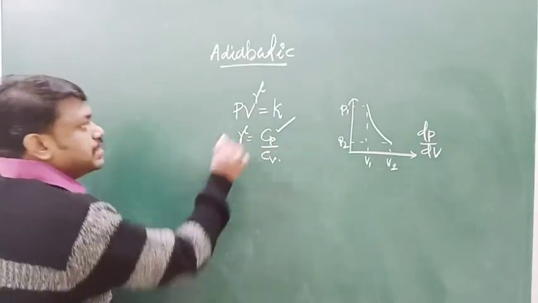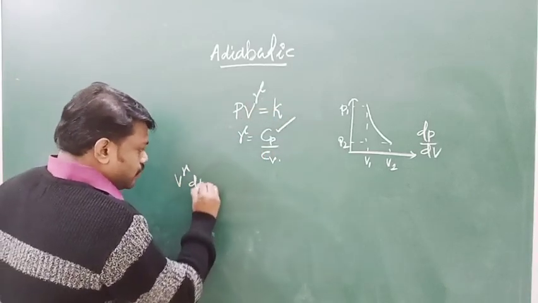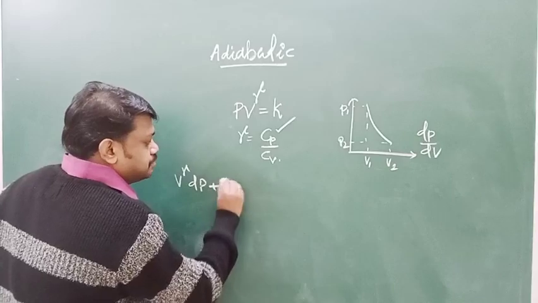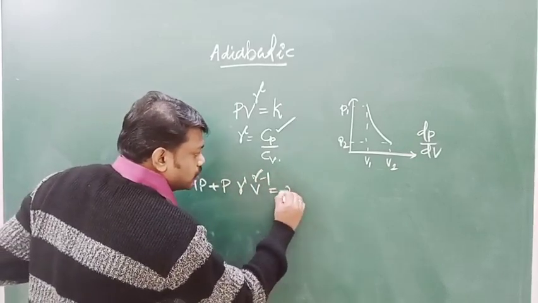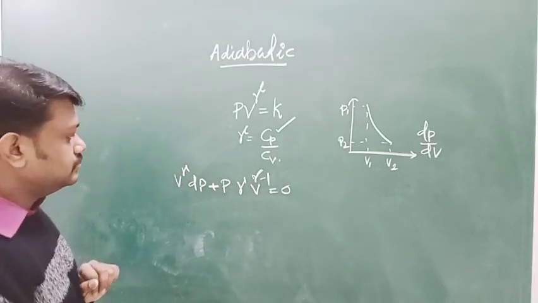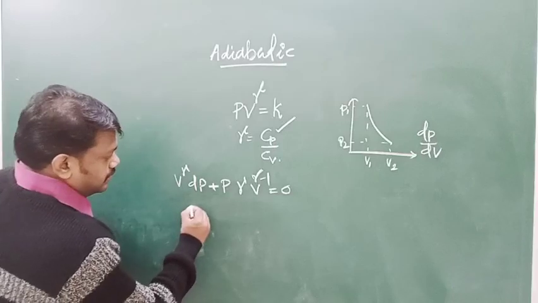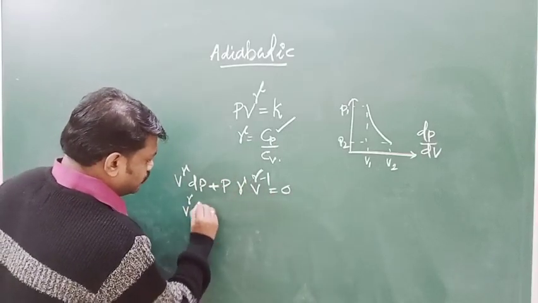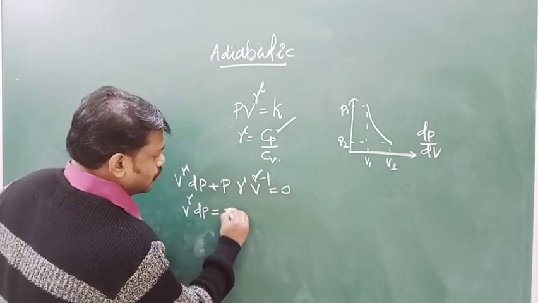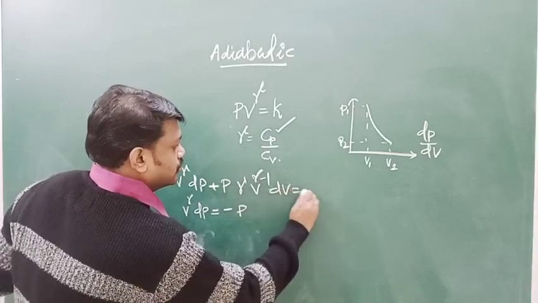What is that? PV^gamma equal to a constant. Differentiating, we get V^gamma dP plus P into gamma V^(gamma-1) dV equal to 0.